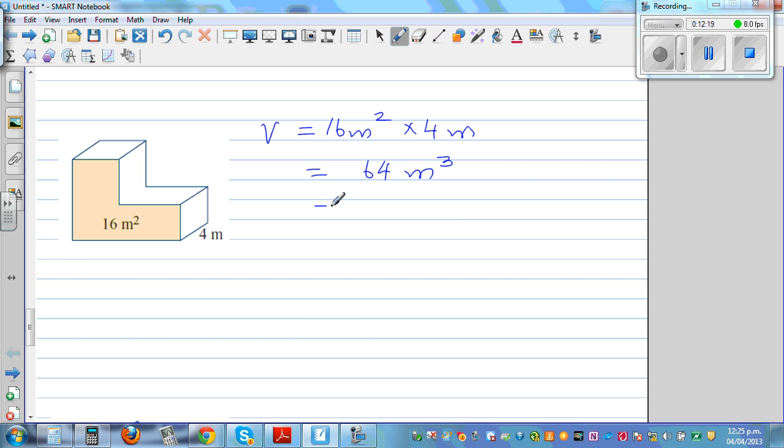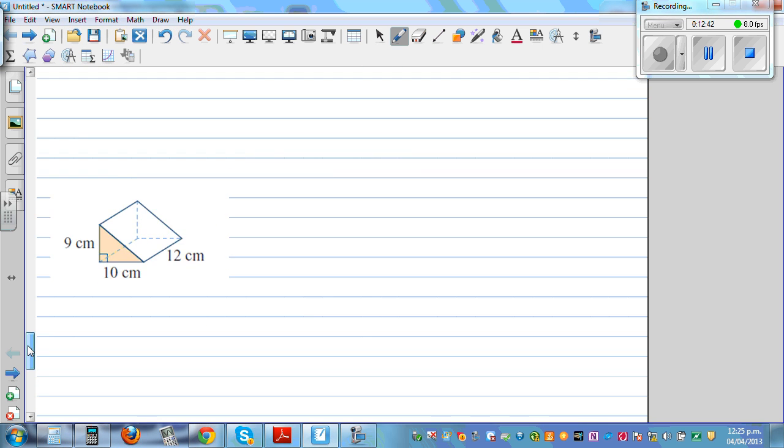And if you want to change this into liters, we know 1 meter cubed is 1000 liters, which is 64,000 liters. So if you have a container like this, with a base area of 16 meters squared and a height of 4 meters, it will contain 64,000 liters.